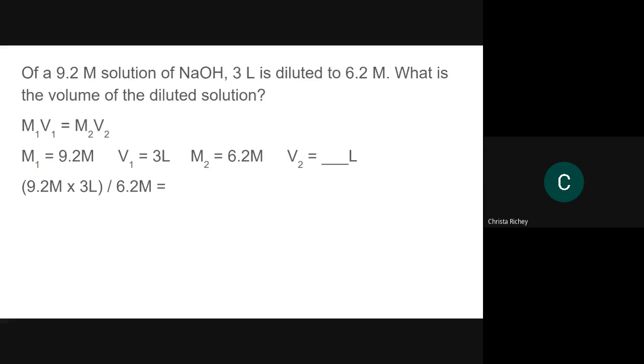The people that make these CBAs, chemistry is the only subject that did not have the opportunity to make, from the teachers, make their own CBA. They're the only one. It's not fair, but that's what's happening. So we're going to multiply the ones, and then we're going to divide it by the second situation that we do know. And the new volume of this diluted solution is going to be 4.5 liters.